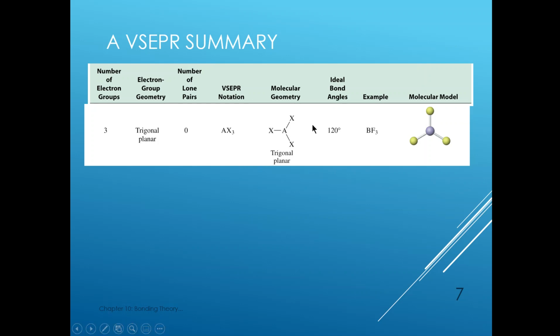Basically, if you have 3 electron groups and no lone pairs among those electron groups, then the electron group geometry and the molecular geometry are going to be the same, all right? And you're going to see that pattern repeated over and over again in the future examples I'm about to show you. The bond angles would be 120 degrees, all right? That would be the spacing between the bonds around the central atom. And an example of this would be boron trifluoride, for which this is the molecular model, all right?